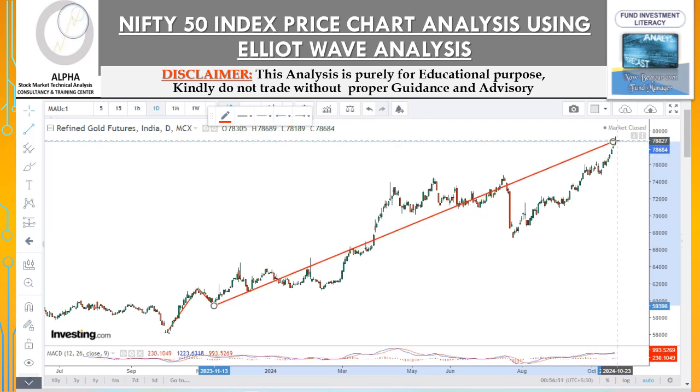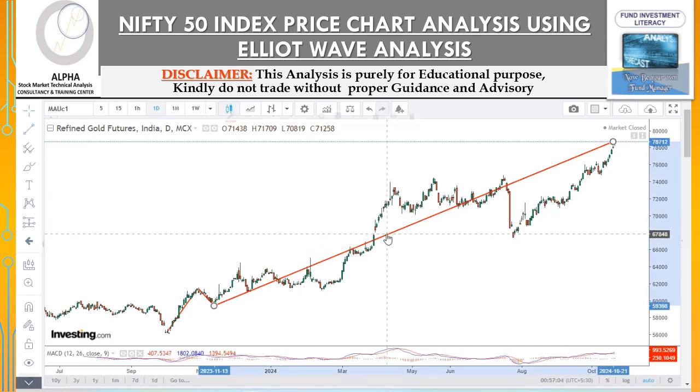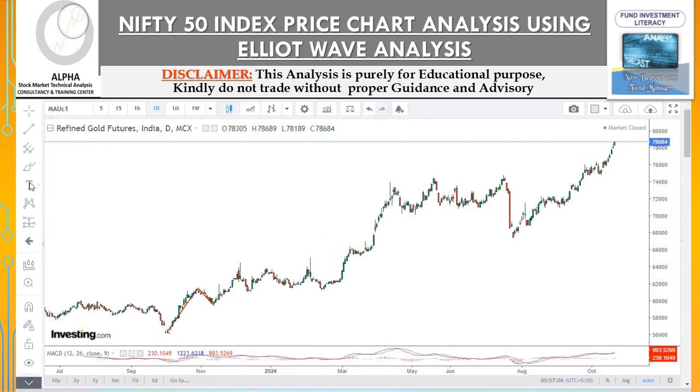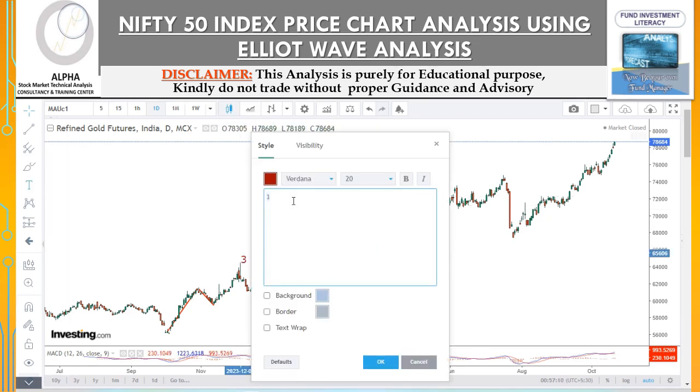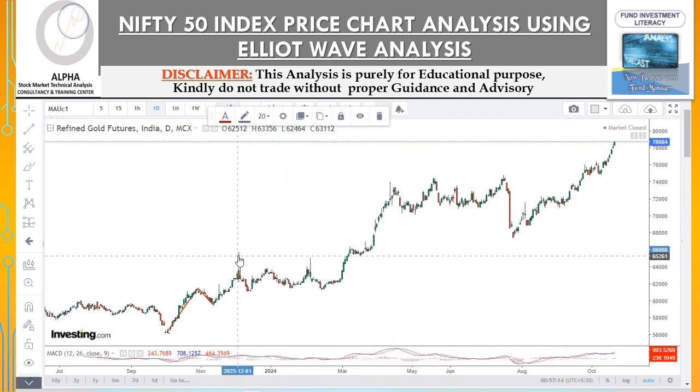And when I'm talking about the third wave, you can see how it is going on. But I would like to discuss more, and let me take care of this particular trend line and let's make a count. So if that's my third wave, I would be using the text tool and be using Roman numbers. So that's going to be my primary of the third wave. 1.